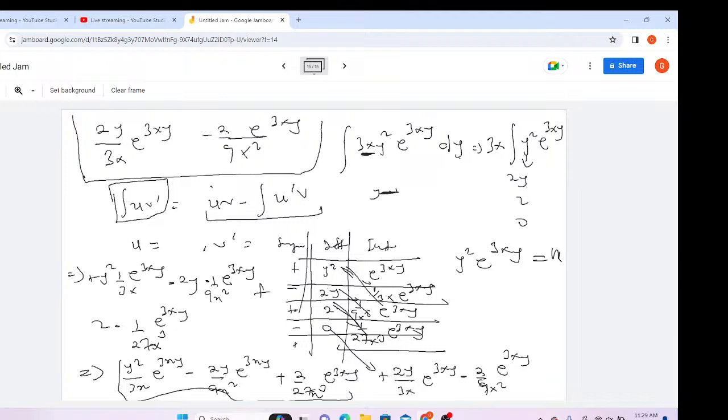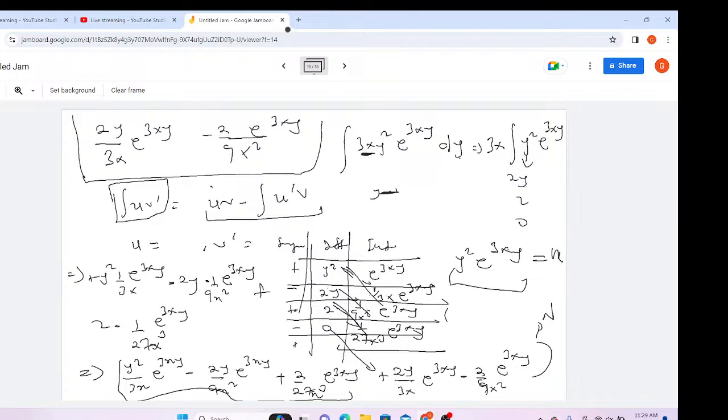This was for our m, and the whole of this was for our n. So we merge them. Y squared exponential 3xy. It doesn't appear in any of this here. So that means our solution becomes this plus this plus this plus this.